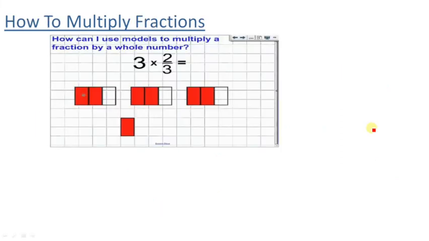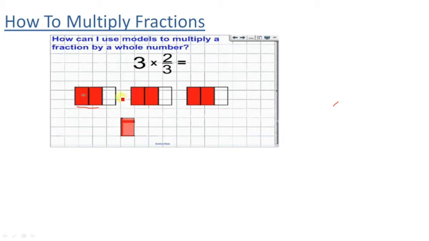Let's go to the next thing. Look, here on the screen you can see a picture. Here 3 is multiplied with 2 by 3. 2 by 3 means 1 complete thing is divided into 3 parts, and 2 parts are taken out of the complete 3, right?